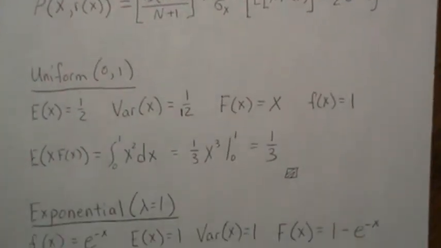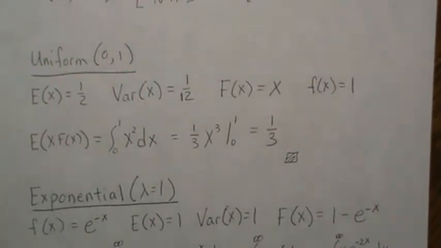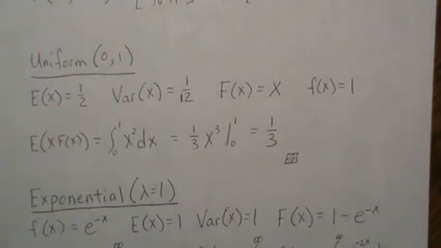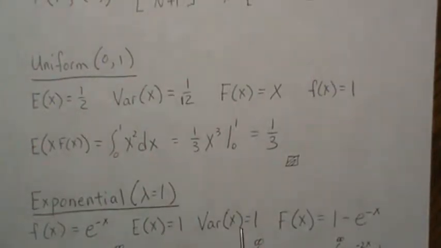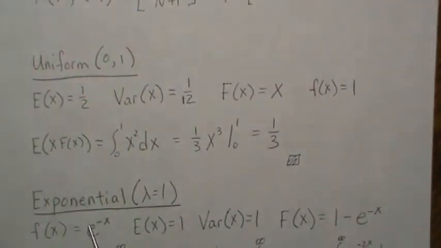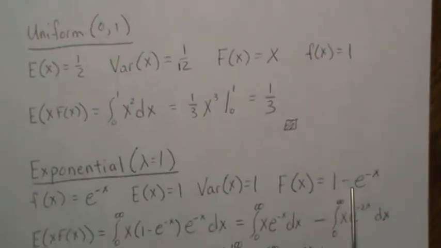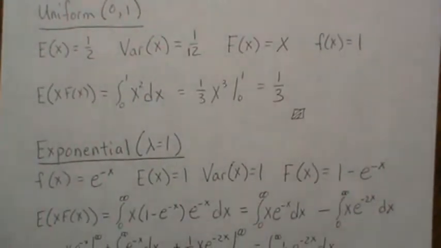Now for an exponential distribution, f of x is this exponential, lambda equal 1, expected value 1, variance 1. The CDF is 1 minus e to the minus x. We're not going to derive any of those. So to find the expected value of x times F of x, we plug it in.